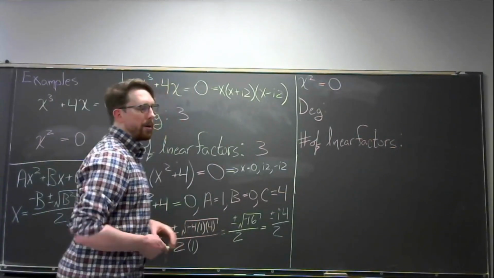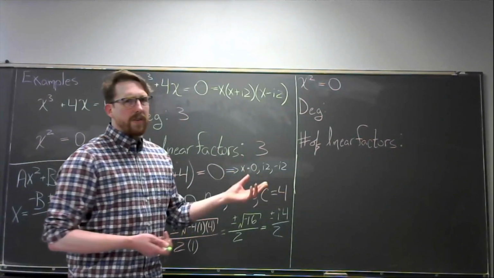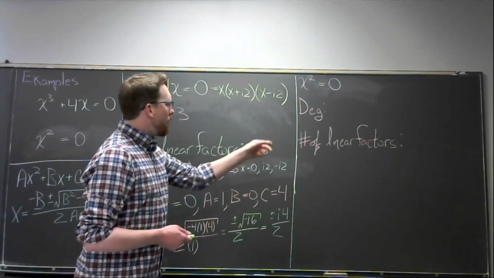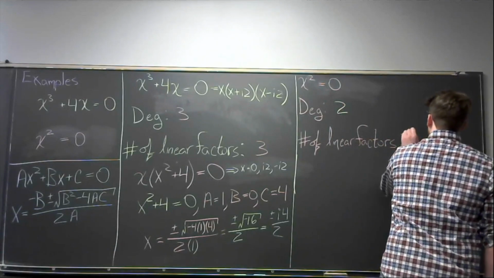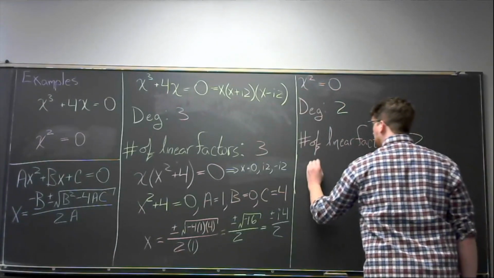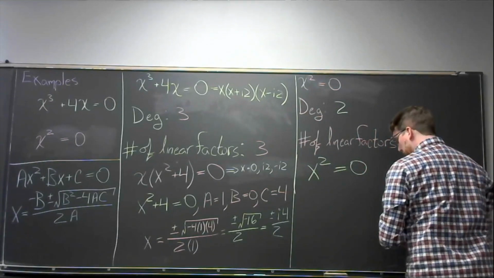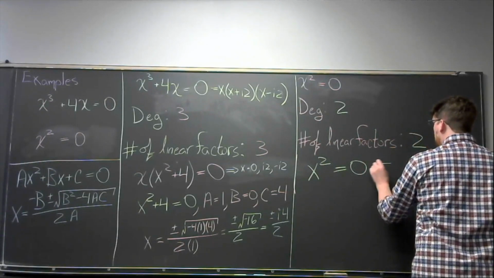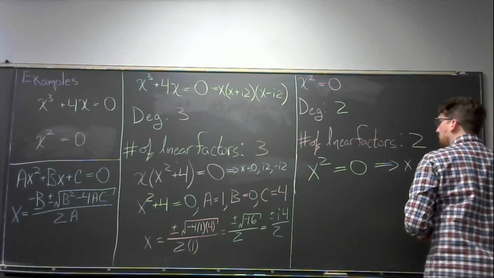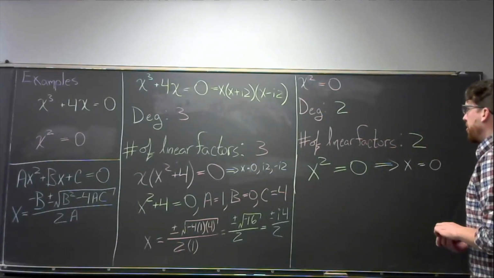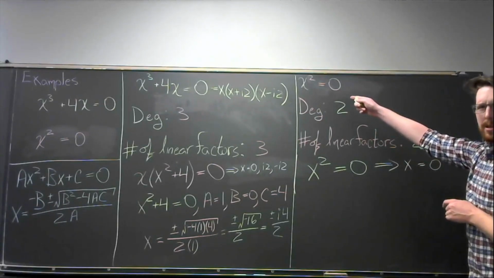X squared is equal to 0. Well, the degree is obviously 2. The number of linear factors is obviously 2, and we know x squared equal to 0 only happens when x is equal to 0. Well, this thing is not equal to x, is it?